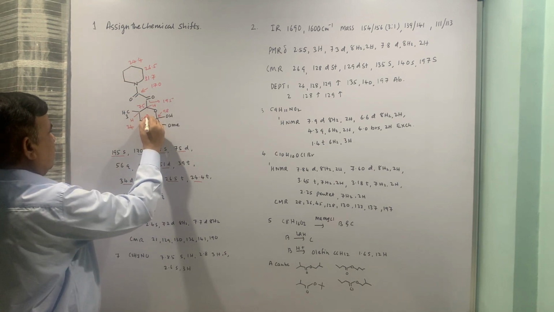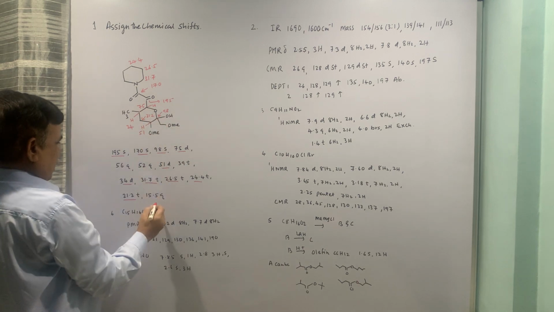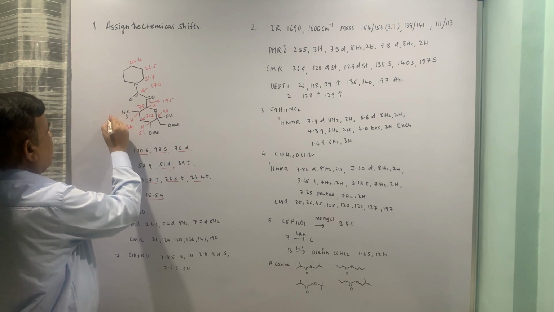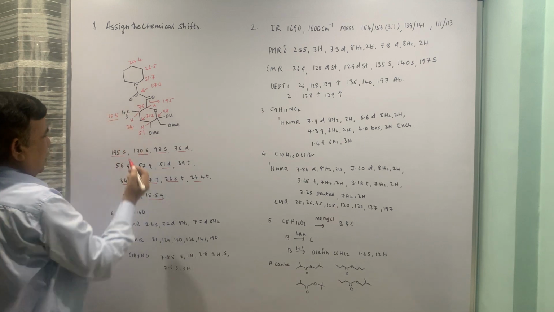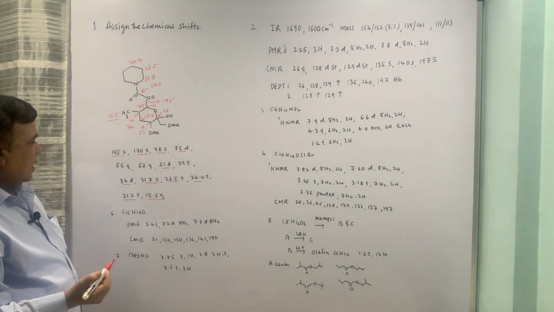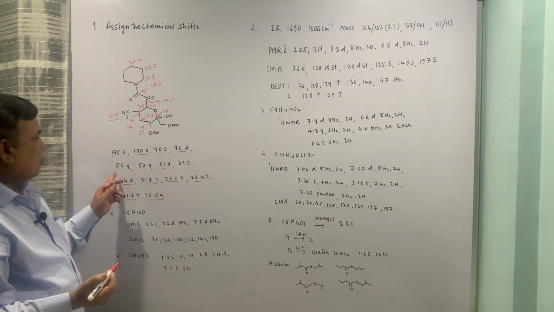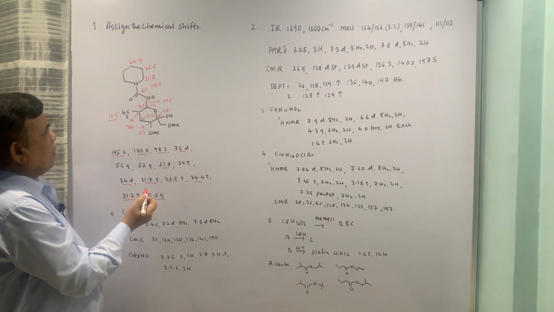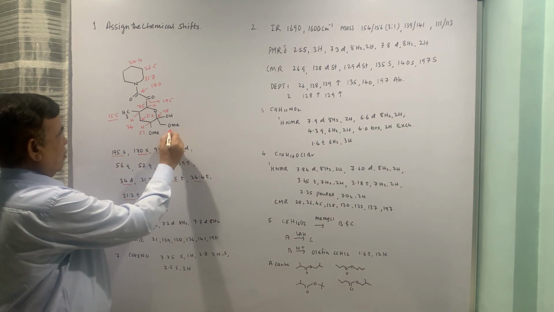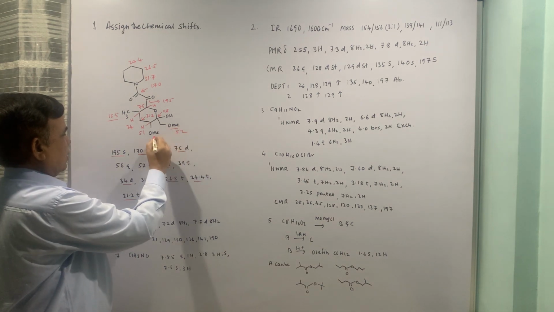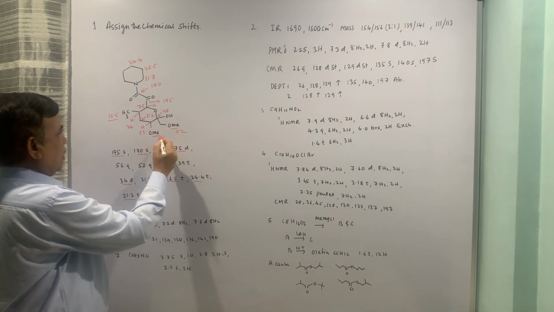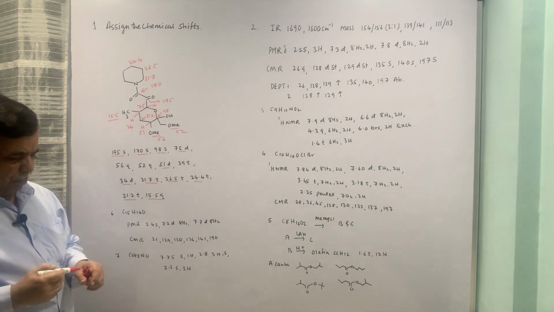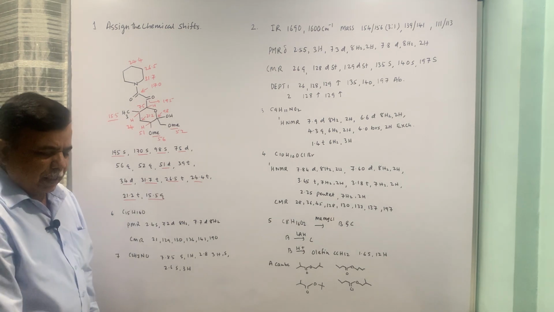I will just put the value inside, and 15.5 quartet is this one. Beside this, there are two quartets at 52 and 56 respectively. So this is 52, this is 56. These are quartets, that means they are methyl groups. So all carbons are assigned.